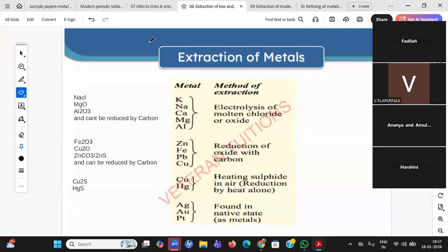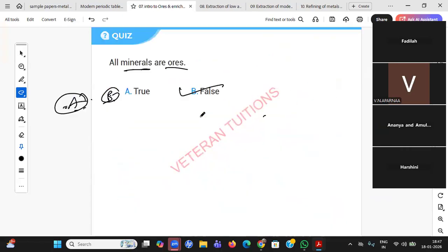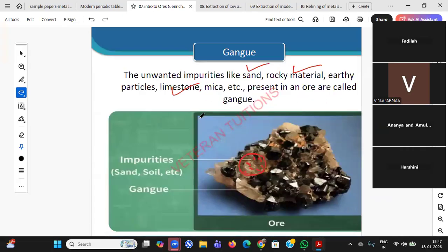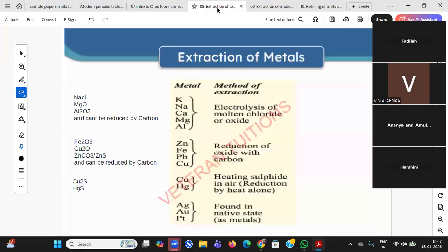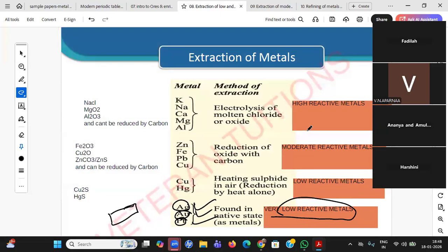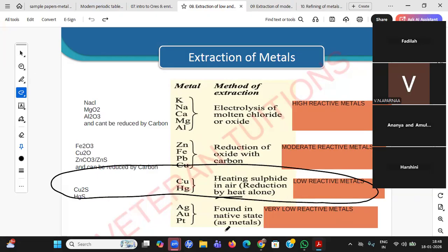The second step is not required for very low reactive elements. Only the first step, like removing gangue impurities, may be needed. That's the reason we'll start from low reactive metals. Extraction is not required for these very low reactive ones.